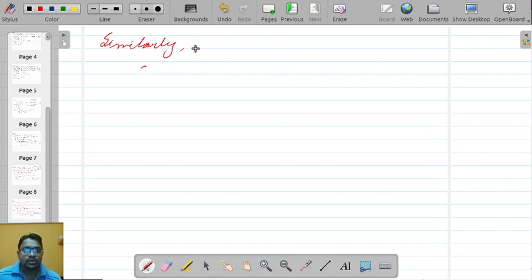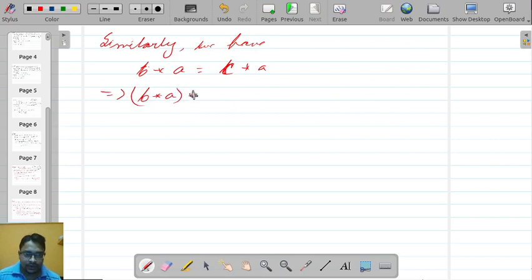Similarly, let us say we have B star A equal to C star A. This will imply B star A star A bar equals C star A star A bar, where we are taking post multiplication, or post composition.